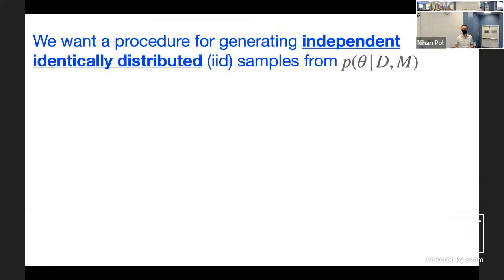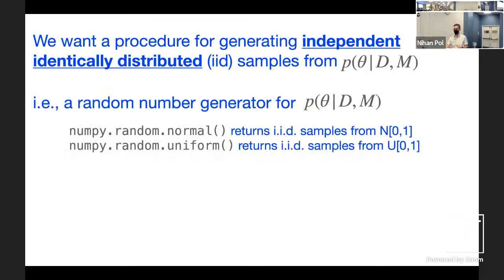Okay, so what we want is a set of independent, identically distributed samples from our target distribution, in this case, the posterior distribution function. In the literature, these are also often called IID samples. The types of functions that do that for us are random number generators. So what I want is a random number generator for this distribution, in this case, the posterior distribution function.